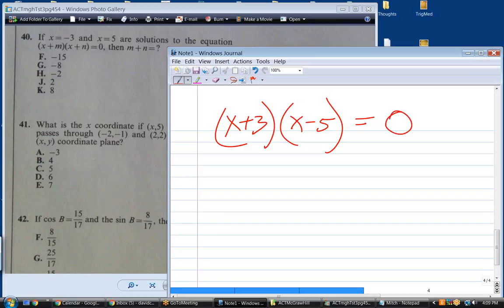In other words, if I gave you that, you would tell me the two solutions are x is minus 3 and x is 5. Yeah. So this is a true statement. And this statement means that x has to be minus 3 or x has to be plus 5.